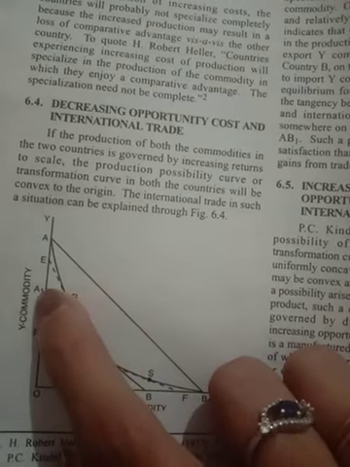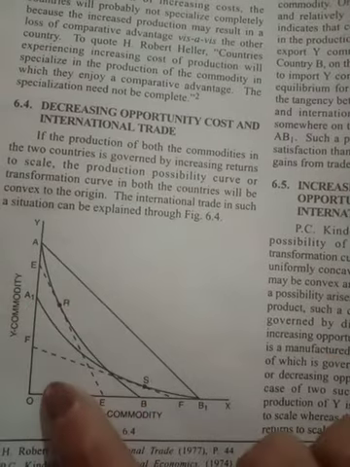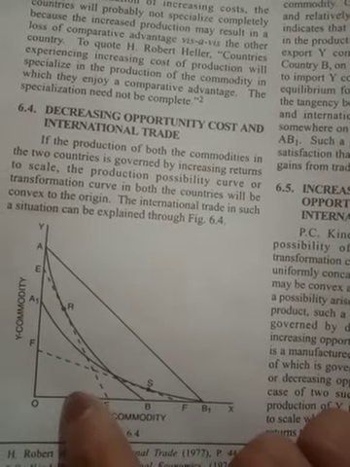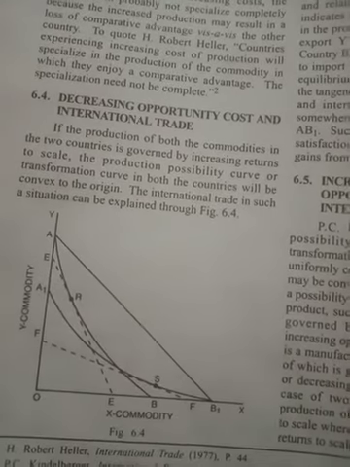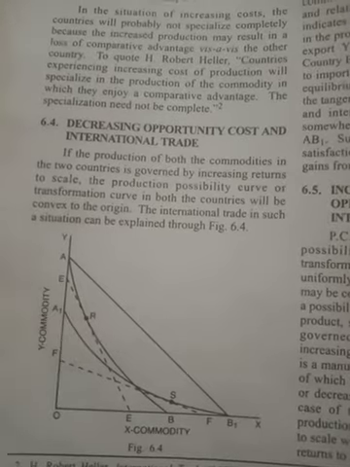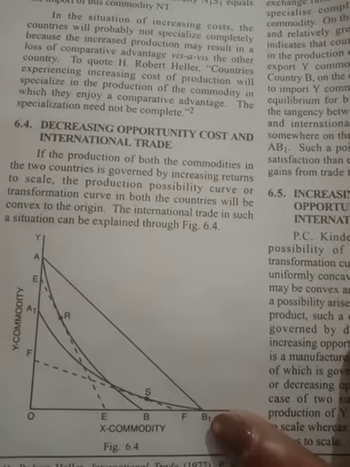It can get so much, OR level, of commodity Y for OR1 of commodity X. And the dotted line EE shows the price line, the domestic exchange ratio.